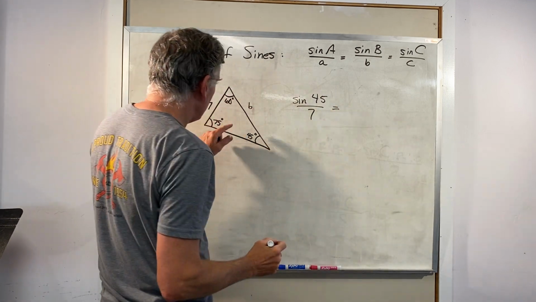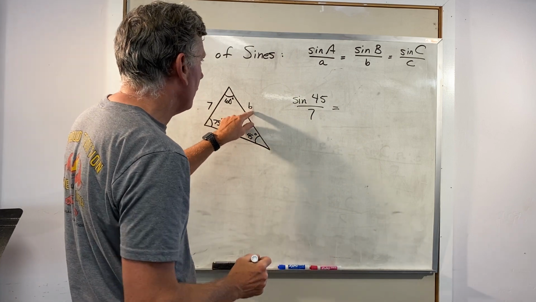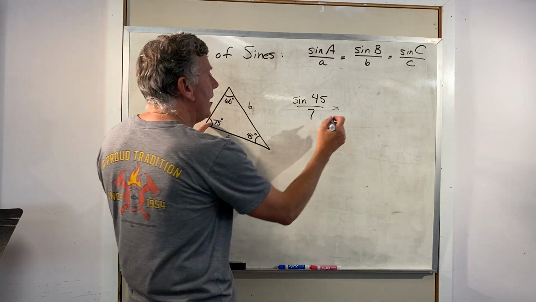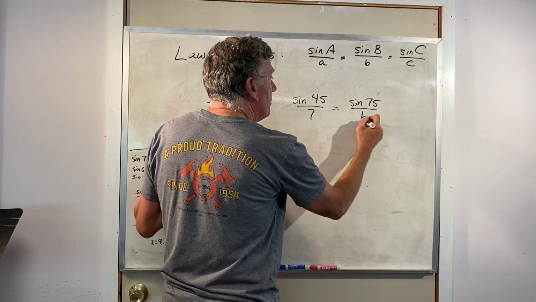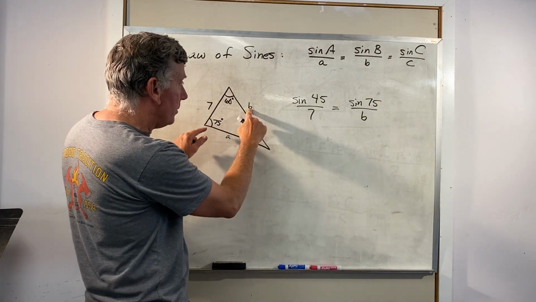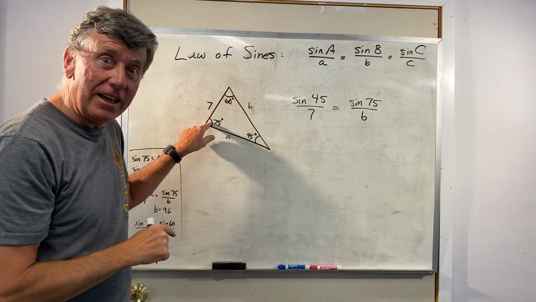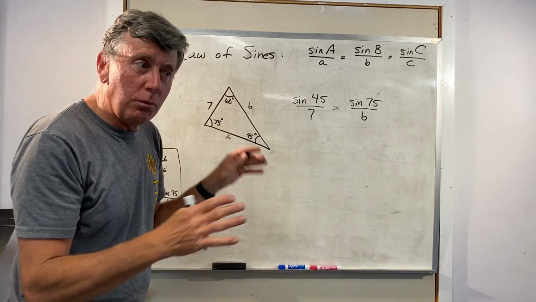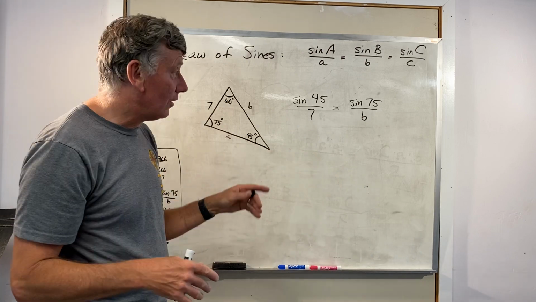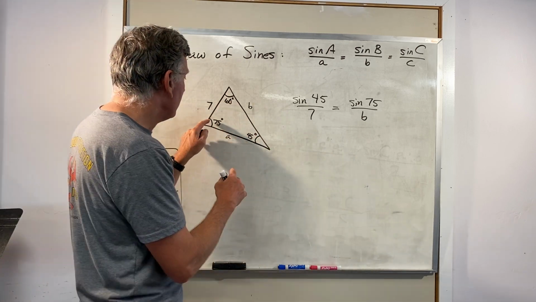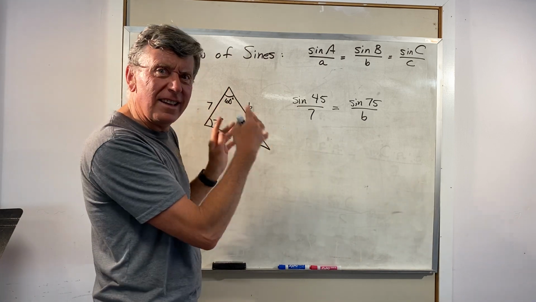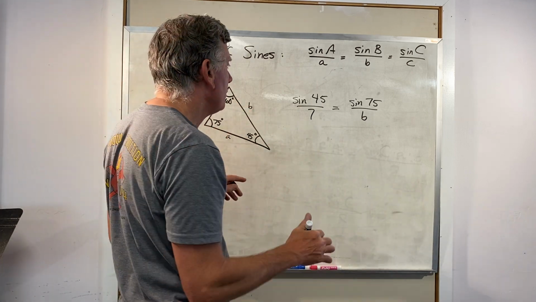That's going to equal, let's suppose I want to look for B first, the sine of 75 divided by B. I want B, so I'm going to pick this angle, and this won't work if you mix up your angles and say pick this one instead of this one. They've got to always be that opposing setup.